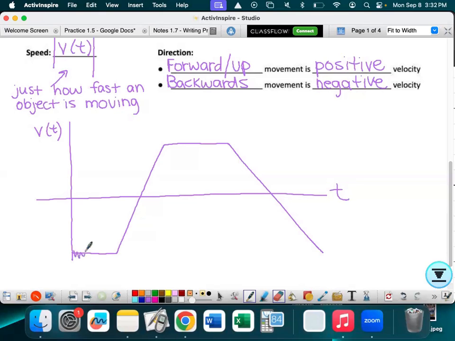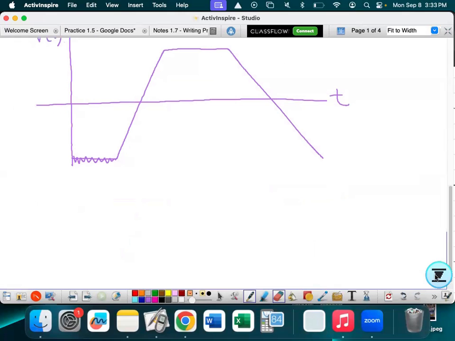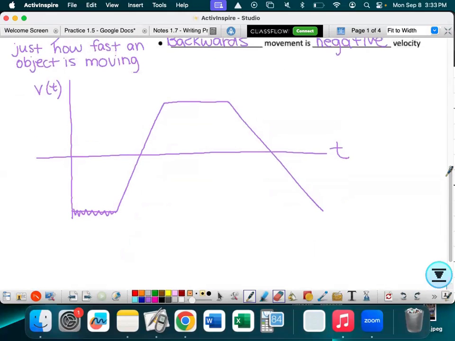In this first section, my velocity is negative. When my velocity is negative, that means I'm moving backwards. However, because my velocity is the same at this point as it is at this point as it is at this point, it means that I'm going the same speed.